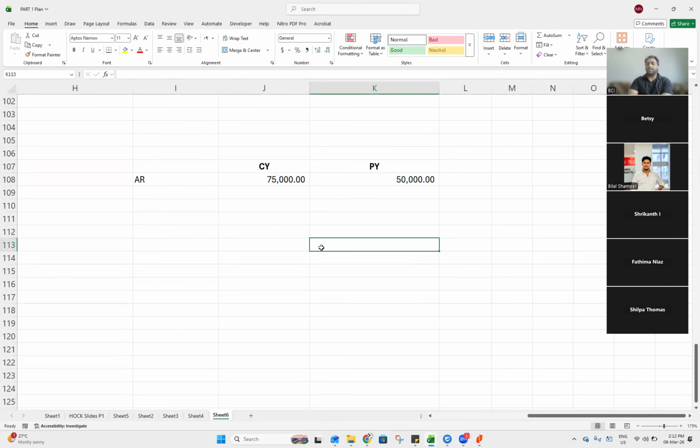You gave more credit, right? Previous year it was 50,000, now this year the outstanding is 75,000. So you gave 25,000 more credit. That means there is a 25,000 cash outflow, kind of. Understood?